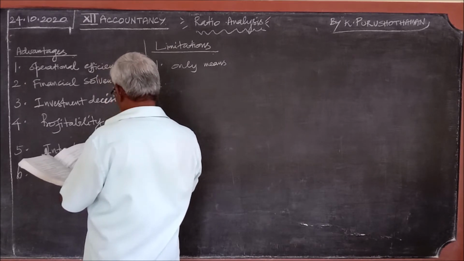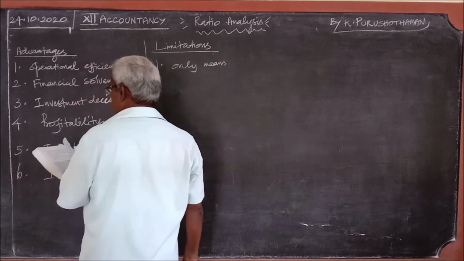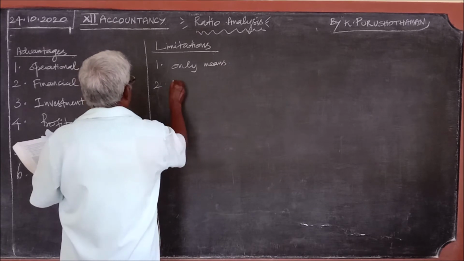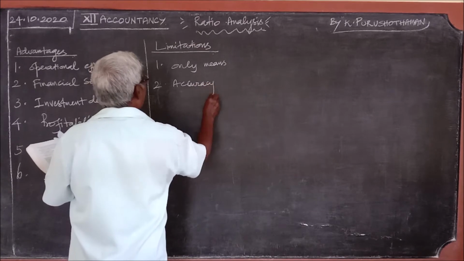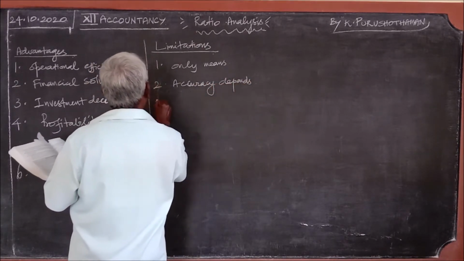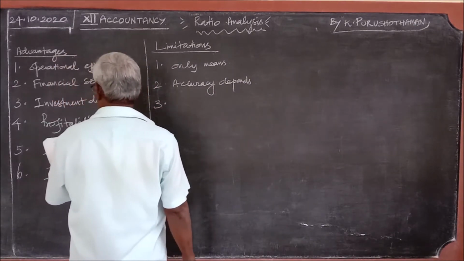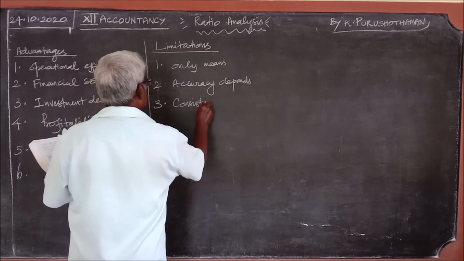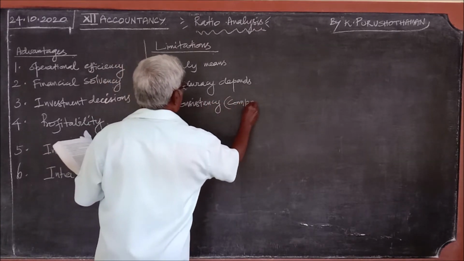The second limitation is regarding accuracy. Accuracy depends. Number 3, consistency. This is for comparison.